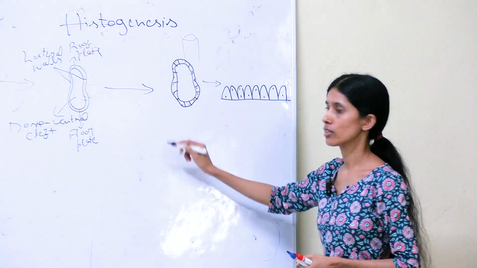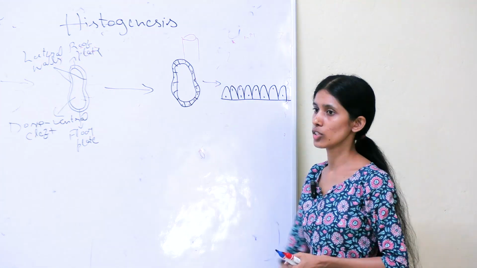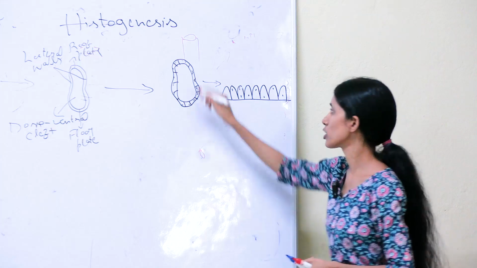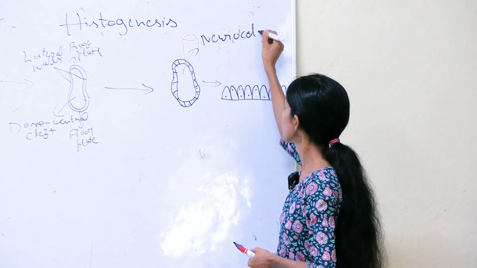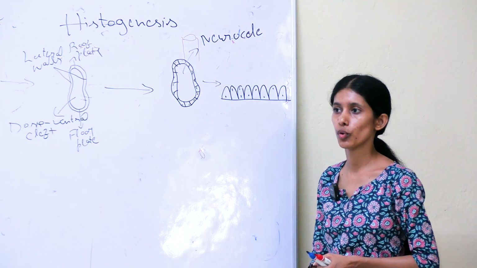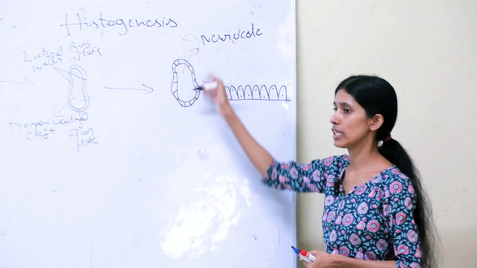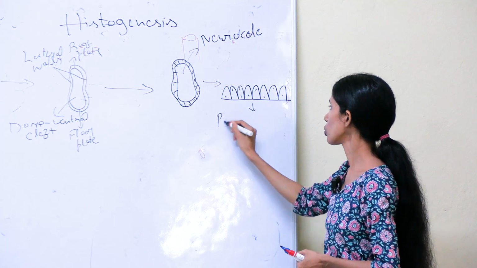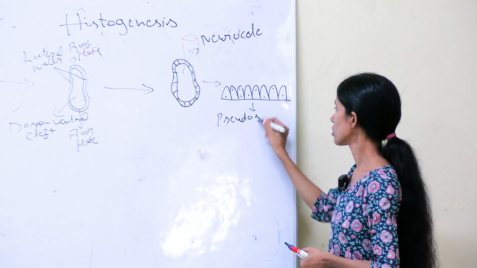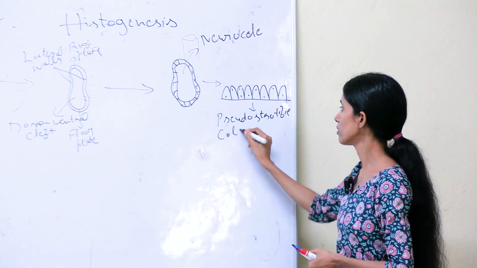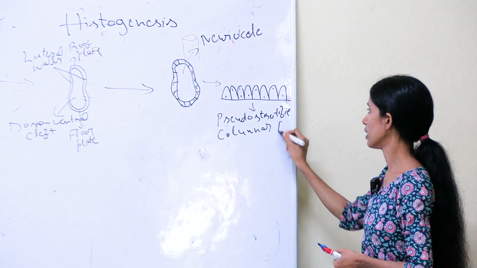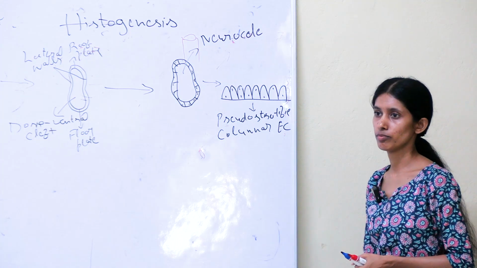So whatever cavity is present in the histology part, it is referred to as the neurocele. It is referred to as neurocele, and this neurocele is lined by your pseudostratified columnar epithelial cells.